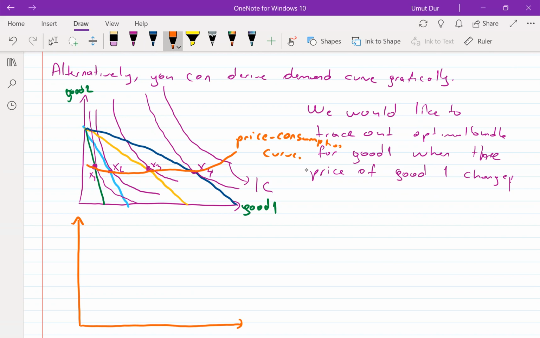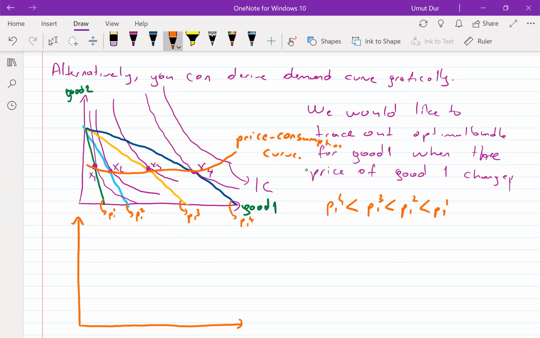Basically, let's say that this green one is at P11, this blue one is at P12, this yellow one is at P13, and this dark blue one is at P14. So what we know here is P14 is less than P13, is less than P12, is less than P11.